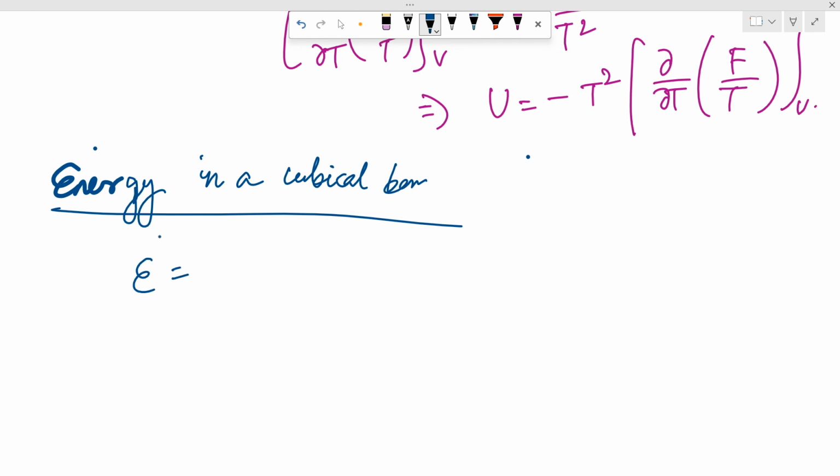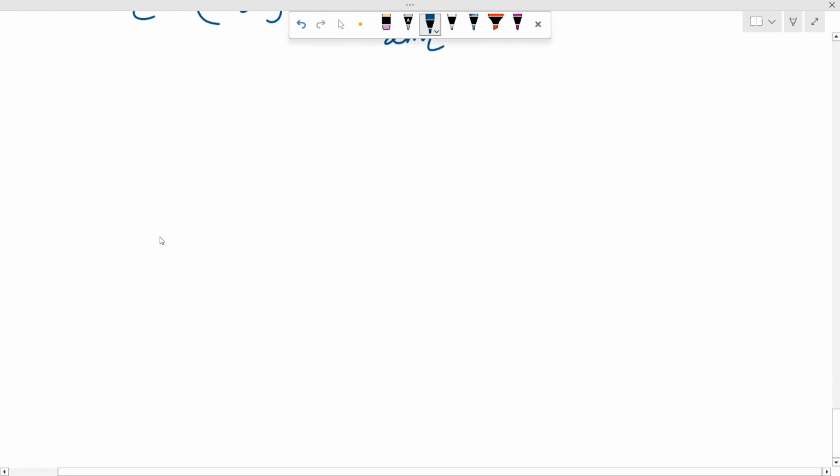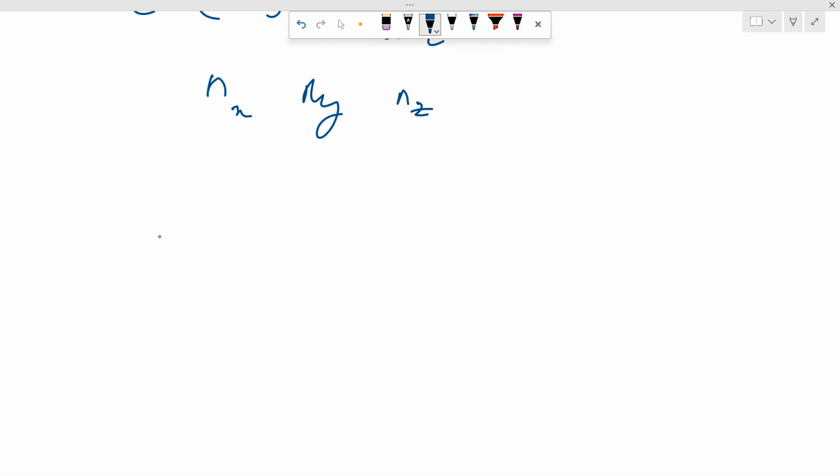E is equal to nx square plus ny square plus nz square, times pi square h bar square by 2 m L square, isn't it? So let's do one thing. Here we'll write like this: nx, ny, nz. So what are the magic numbers?